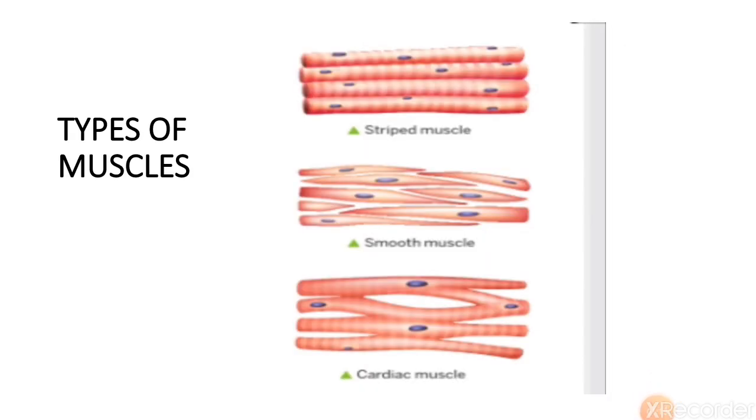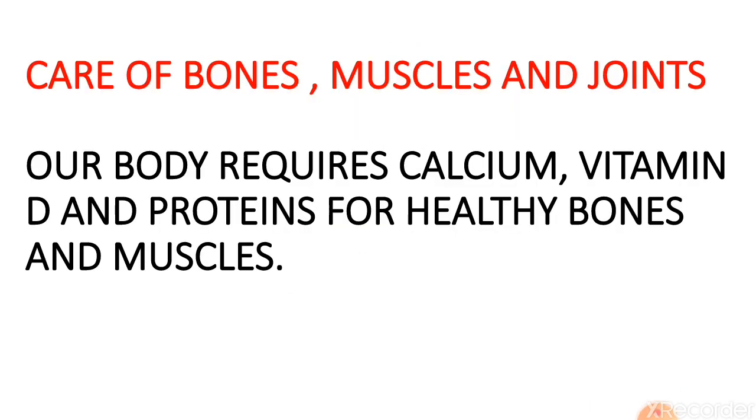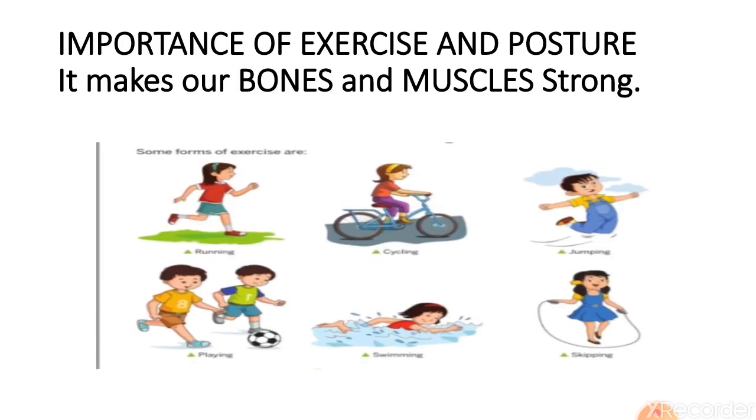In that you have learned about the 3 kinds of muscles, how they work and where they are found. You have also learned about the food which is good for the muscles and bones. You have also learned about exercise and good posture. Now today in this video, I am going to explain to you the questions given in the chapter.